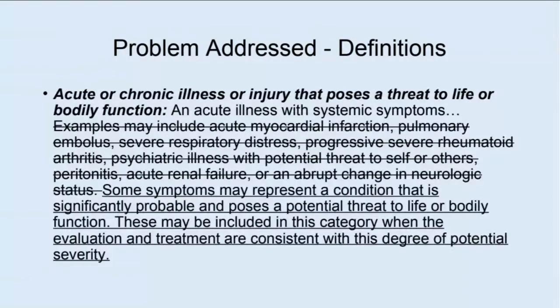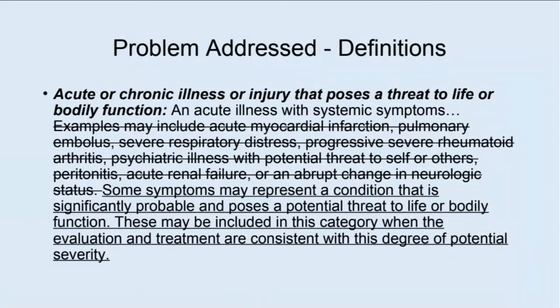Okay, acute or chronic illness or injury that poses a threat to life or bodily function. First, the examples were deleted. Then wording was added. Some symptoms may represent a condition that is significantly probable and poses a potential threat to life or bodily function. These may be included in this category when the evaluation and treatment are consistent with this degree of potential severity.